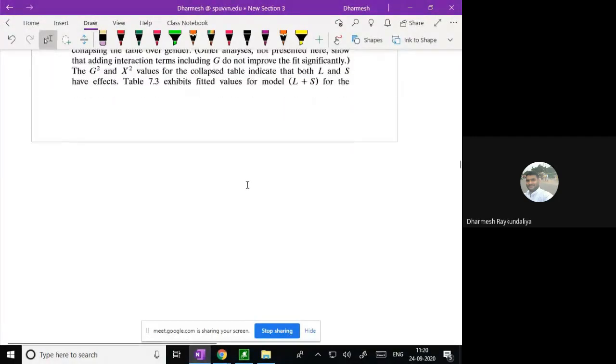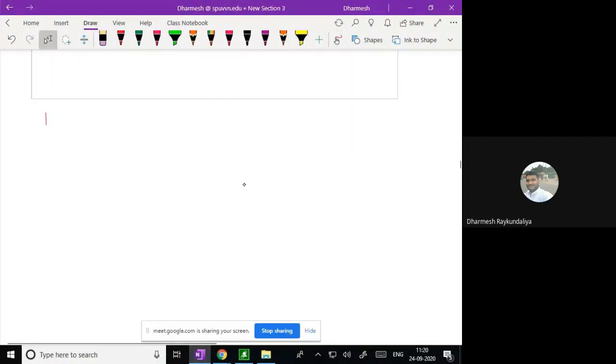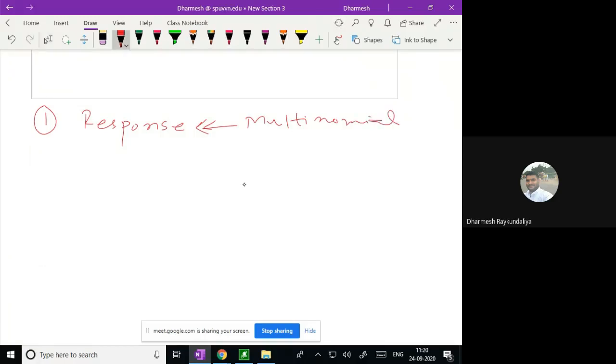What I said, first identify the response. So the response in our setup is multinomial, or you can say polytomous.